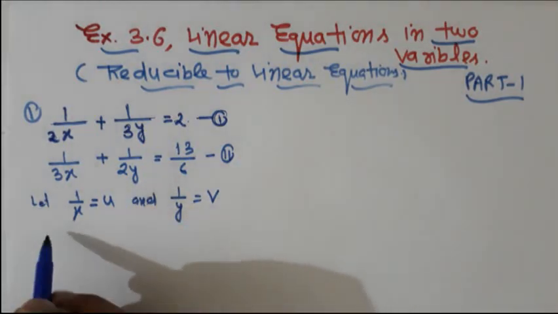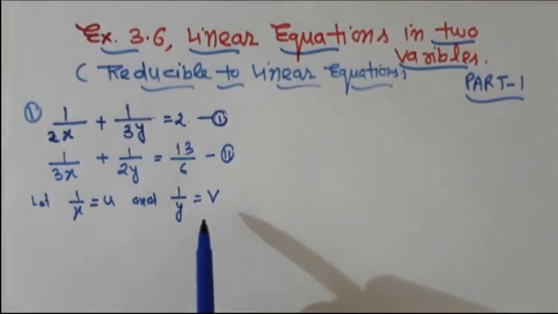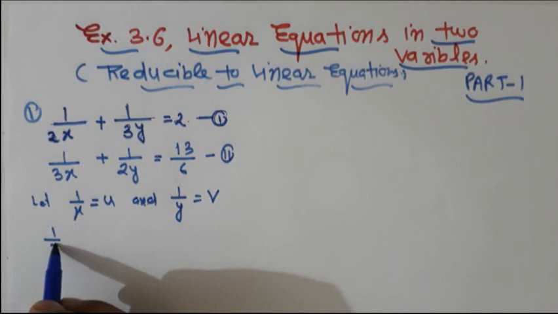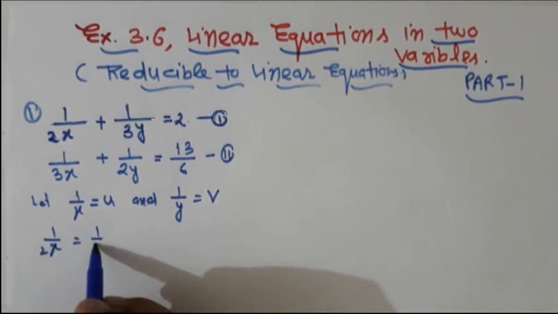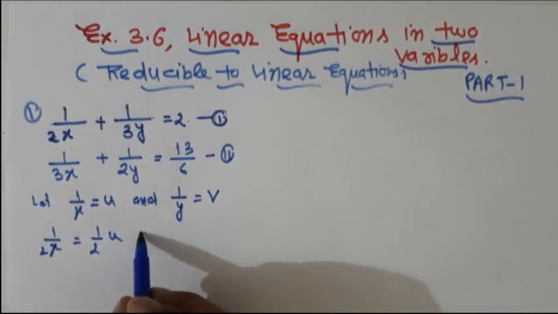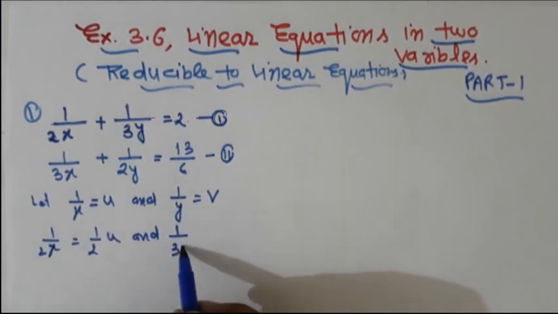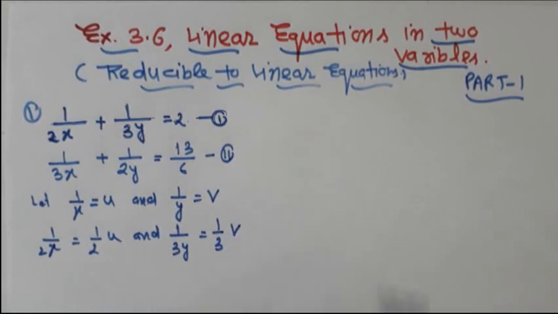Then in the first equation, in place of 1 upon x we write u and in place of 1 upon y we write v. So 1 upon 2x is equal to 1 upon 2u, and 1 upon 3y is equal to 1 upon 3v.